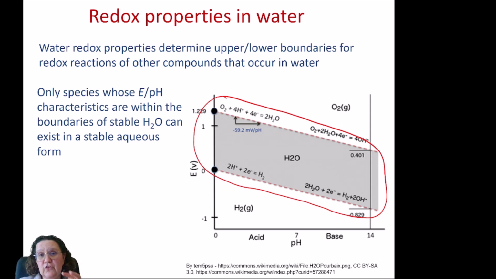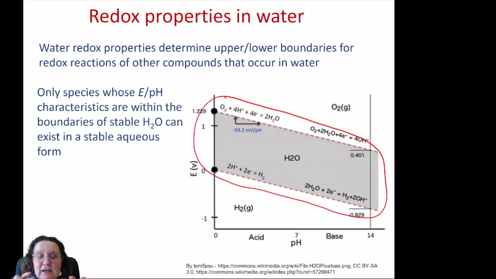Only the species that are within that boundary of stability of water will be able to exist in a stable form in solution, because if they are above or below that safety zone, that stability zone, they will be able to decompose water. So that's what underpins our understanding of what redox species for a particular element will be stable in water at different pHs.